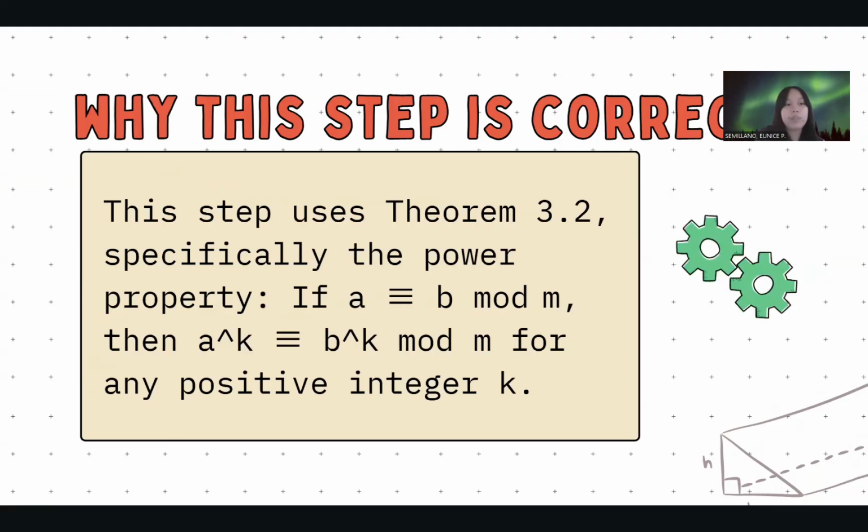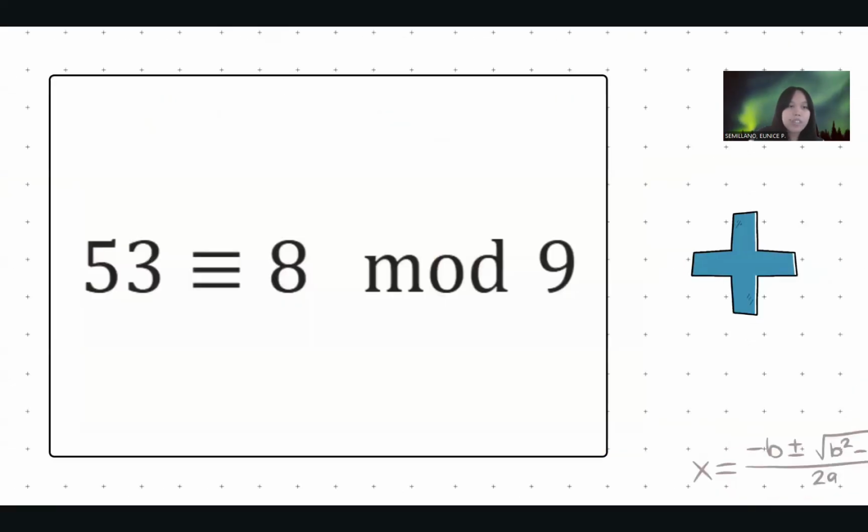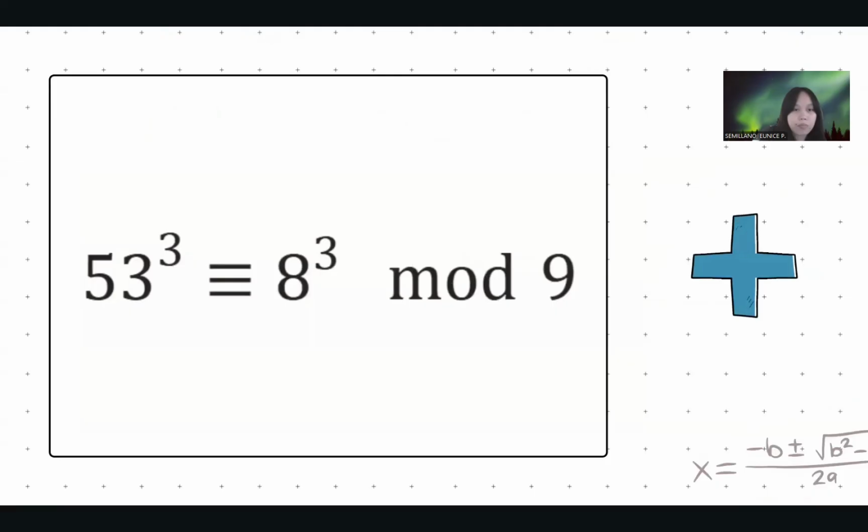If A is congruent to B mod M, then A raised to the power of K is congruent to B raised to the power of K mod M for any positive integer K. So since 53 is congruent to 8 mod 9, raising both sides to the power of 3 gives 53 cubed congruent to 8 cubed mod 9. This is a valid transformation because congruence is preserved under exponentiation.